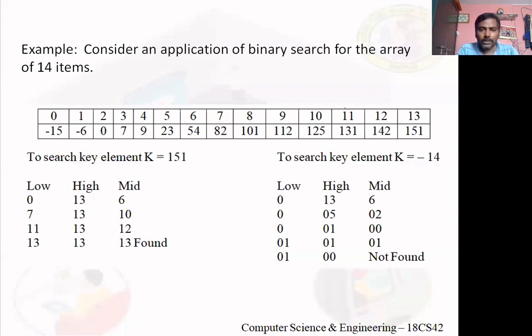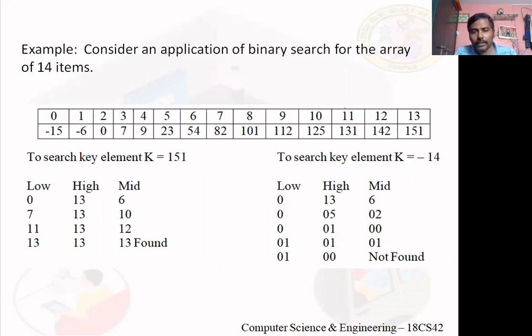Since the array is sorted, if the key exists, it will be among the higher elements of the array, that is, indices 7 through 13.